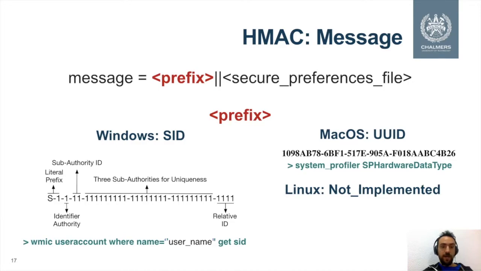In the case of Mac, the prefix is the UUID of the hard disk, the main one, whereas in the case of Linux, there is no prefix at all. Actually, this method is not even implemented in Chromium source code. We also include some of the examples of the statements that we use to retrieve these values in both Windows and Linux.